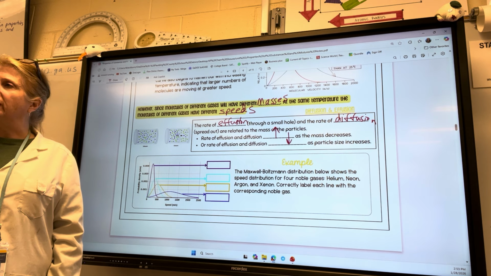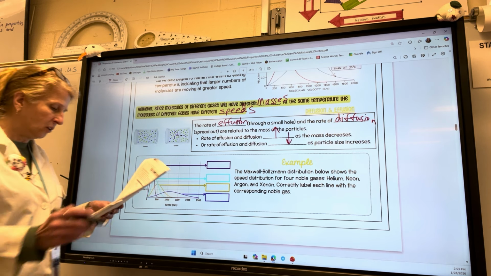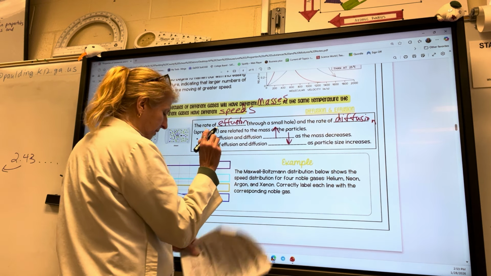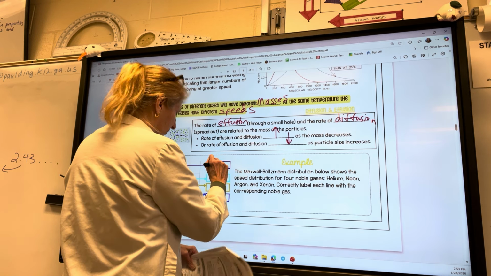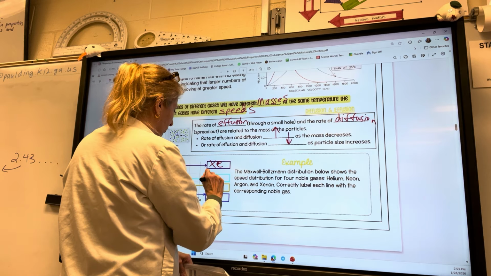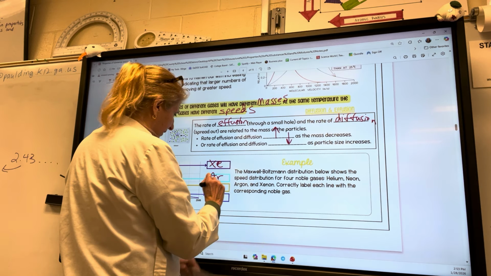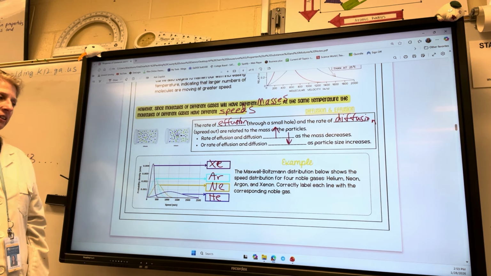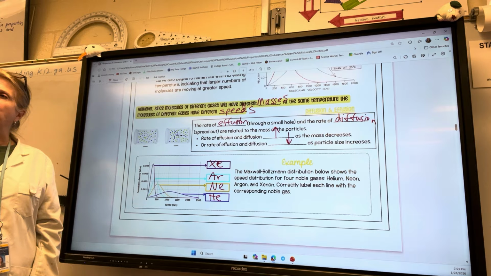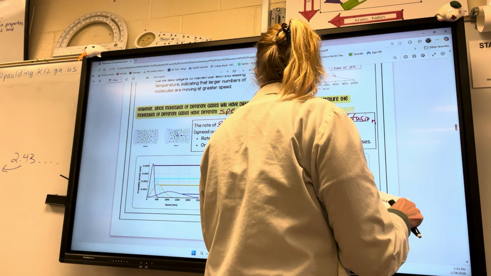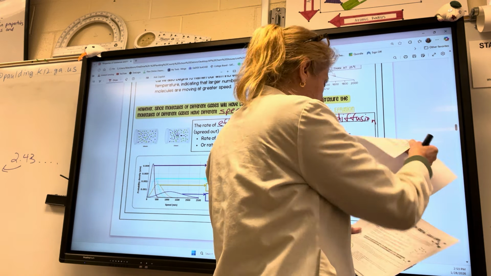The big one or the little one? The little one. So this is helium, this is xenon, and this one is the middle one, argon, and then neon. So that's a very AP question, to put these in order and then say why. They would love something like that on the test. My neon leaked kind of bad.